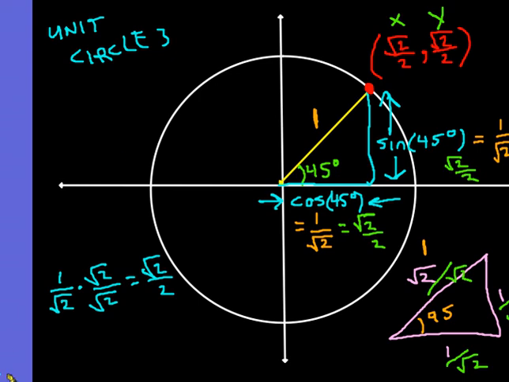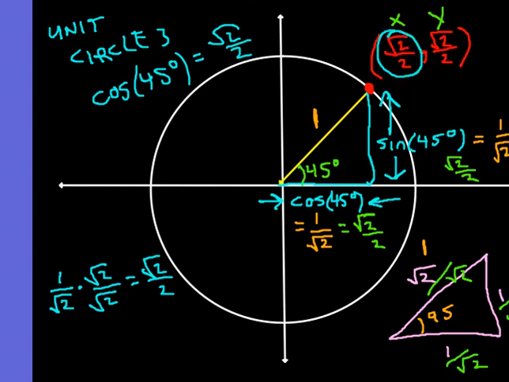We're going to say that the cosine of 45 degrees is equal to square root of 2 over 2, and we get that from here. And the sine of 45 degrees is also equal to square root of 2 over 2, and we get that from right here. All right, hopefully you folks are with me.